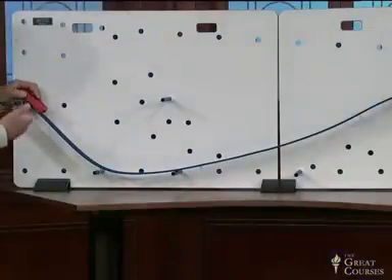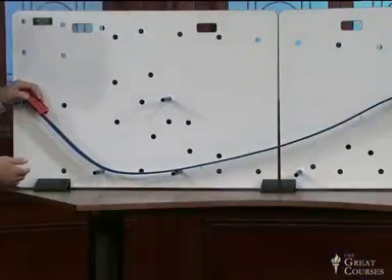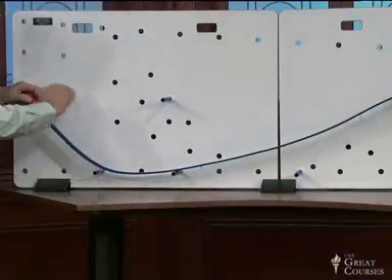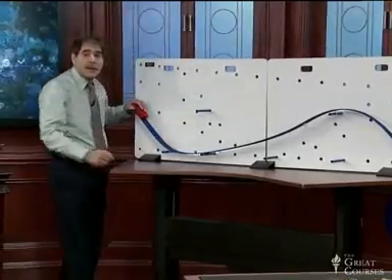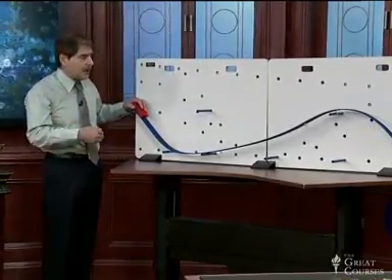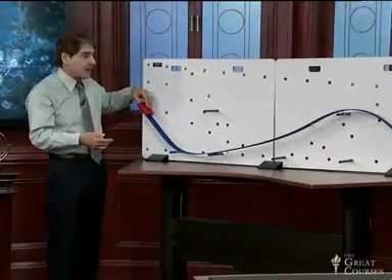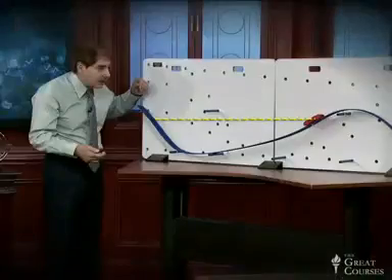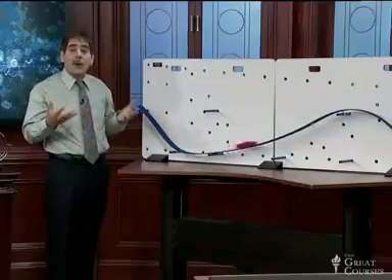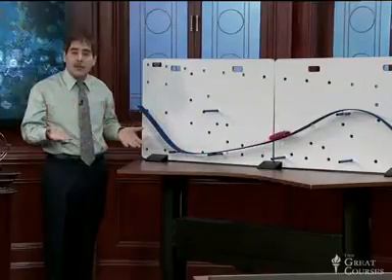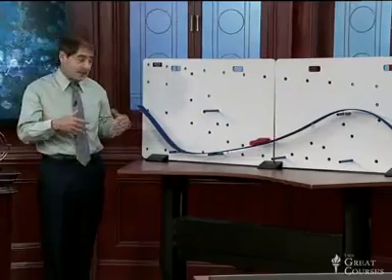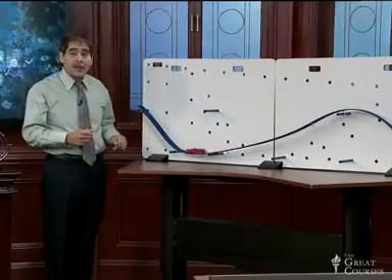Okay, let's pause a moment and reconfigure this track into Galileo's second thought experiment configuration. Okay, here we are with the track in what's more or less Galileo's second configuration, the steep drop at first and then the gradual rise upward, Galileo's reasoning being that, well, now the car ought to go farther because it's going to try to get to the same height. So let's do the experiment. There it goes, and it rises to almost the same height it started from. Again, almost, because this is the real world and friction is eventually taking away some of its energy.